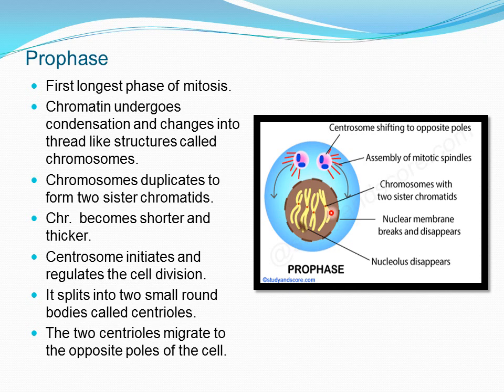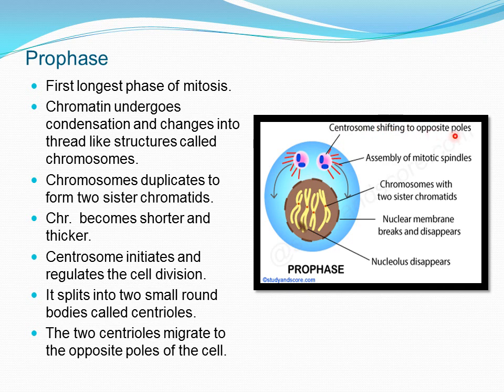Now as prophase advances, the chromosomes become shorter and thicker, more condensed. Here you can see they are thicker and shorter, but as it gradually advances, we will see them even shorter and thicker. In animal cells generally, the centrosome initiates and regulates the cell division, and it splits into two small round bodies called the centrioles.